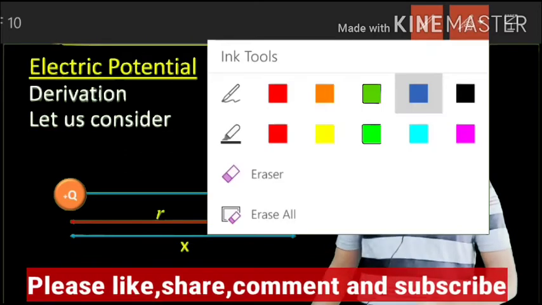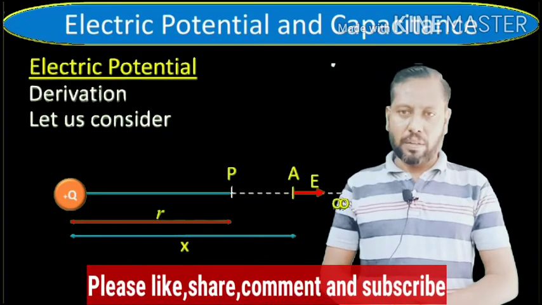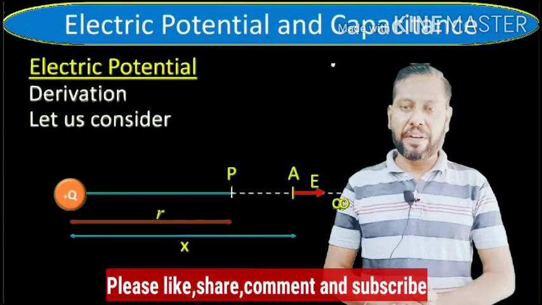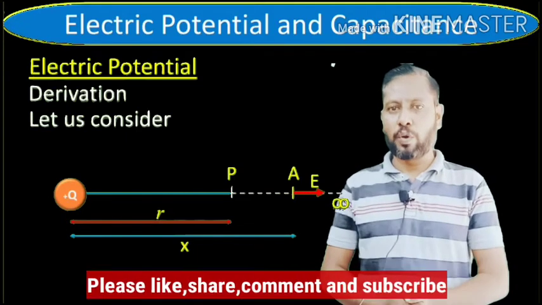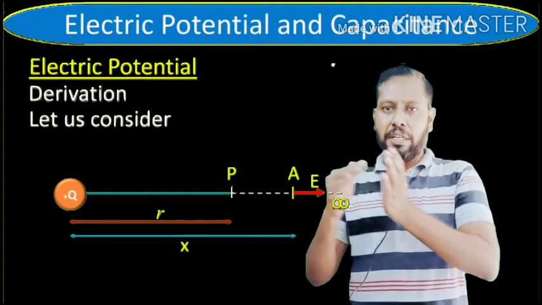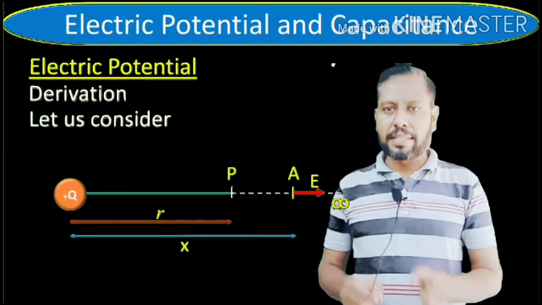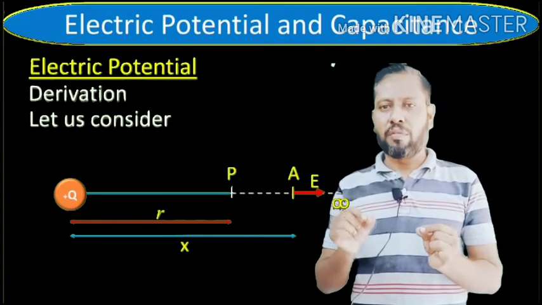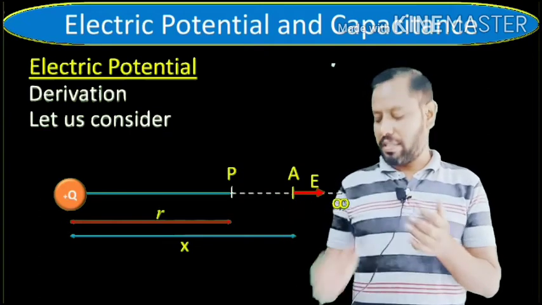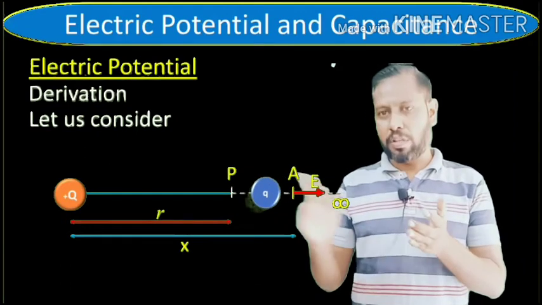Now we are shifting the charge from infinity, as already told. When we are shifting the charge from infinity to point P, during that path, let us say we are moving for a very small displacement, some dx, from A to B, as shown in this diagram.